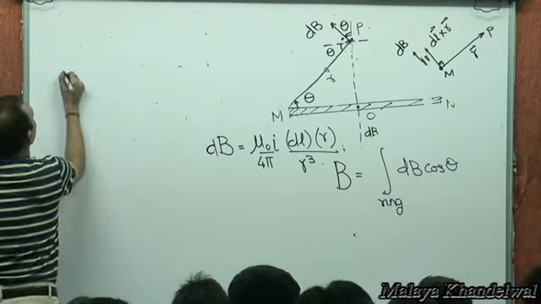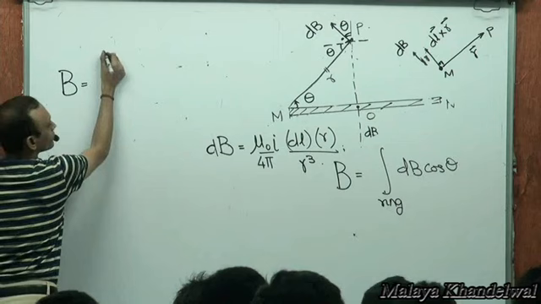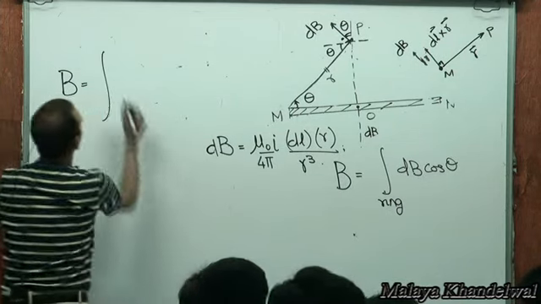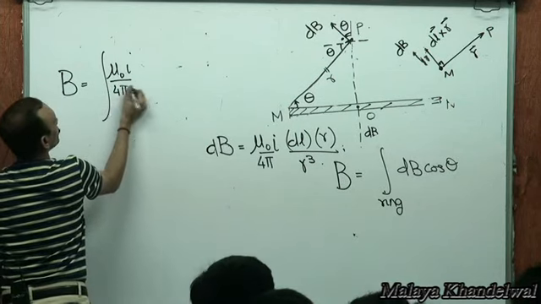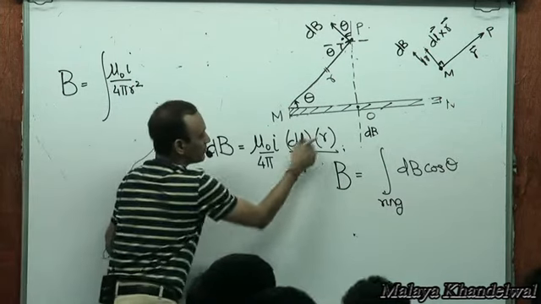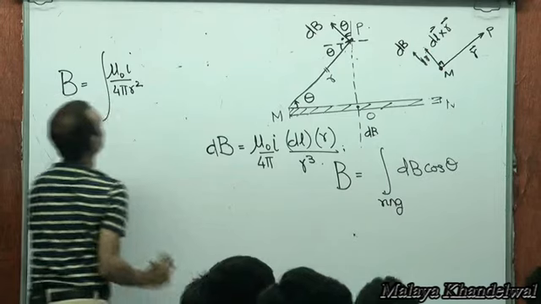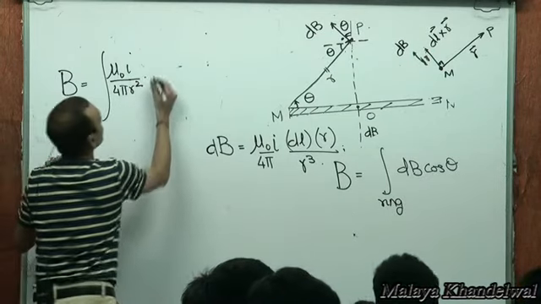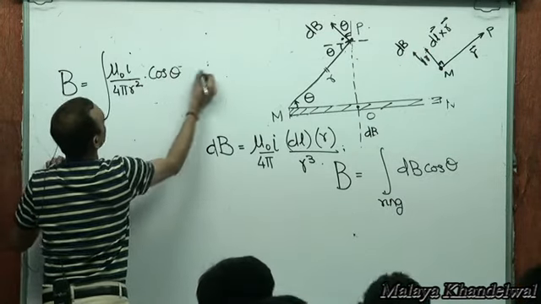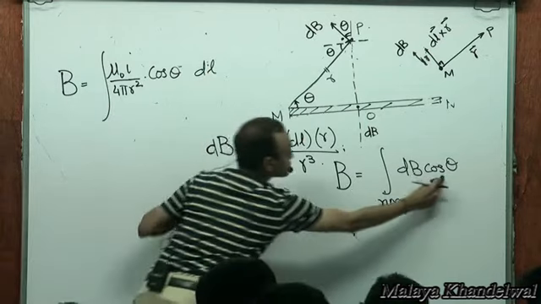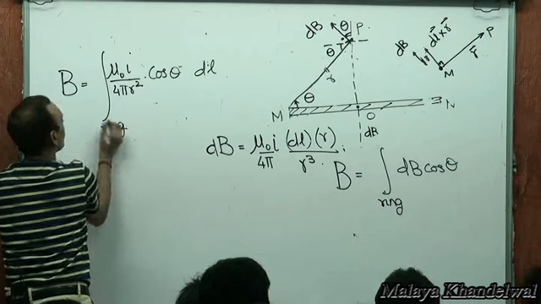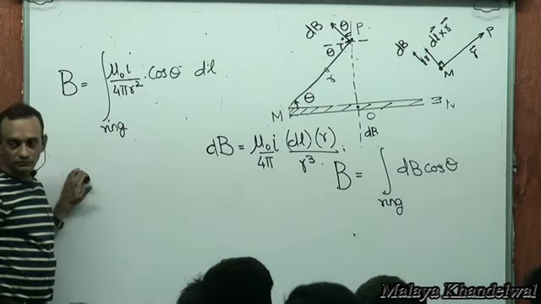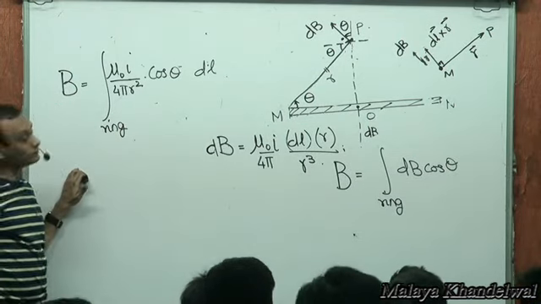So the net B is going to be mu naught I by 4 pi r squared cos theta into dl, right? This cos theta and this dl, this computation is to be made for all dl's of the ring.